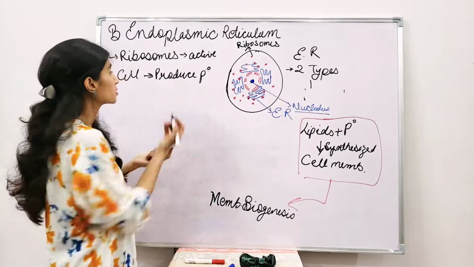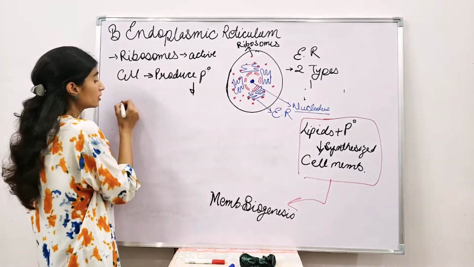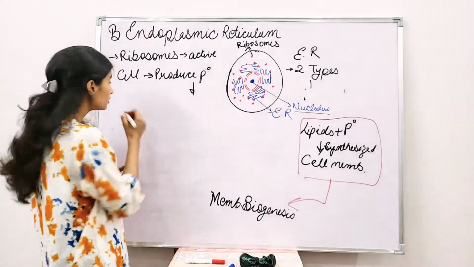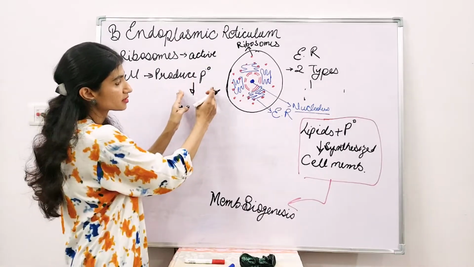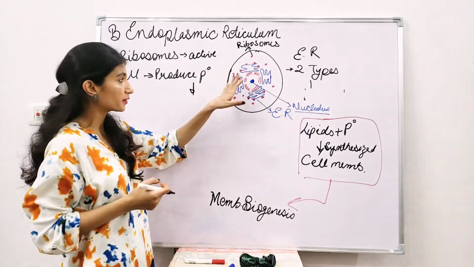It produces proteins. Now what does this protein do? This protein is synthesized with the help of the ribosome and rough endoplasmic reticulum.